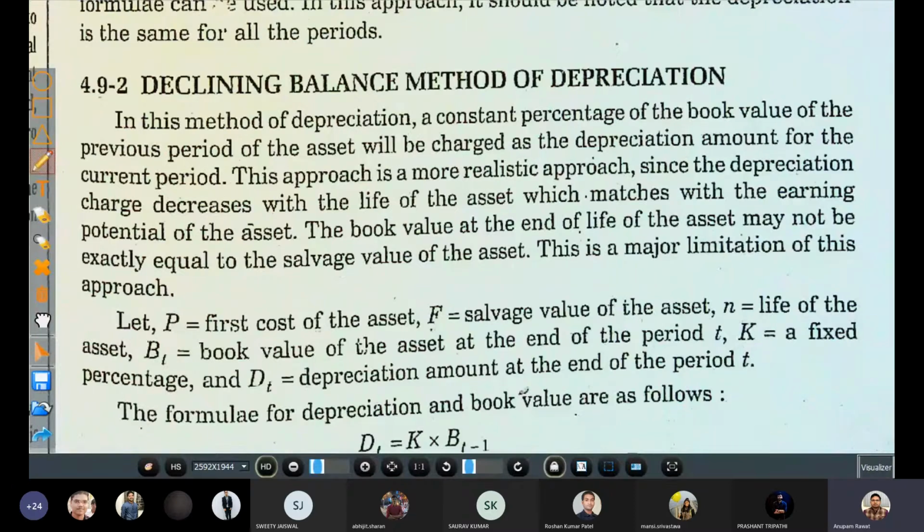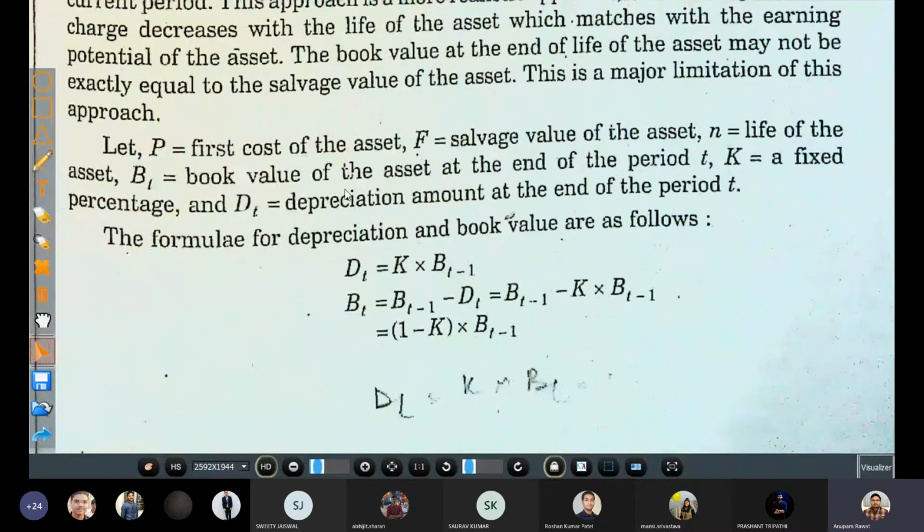The basic concept behind this: let P be the first cost of the asset, F the salvage value, and N the life of the asset. BT is the book value of the asset at the end of period T, K is a fixed percentage, and DT is the depreciation amount.